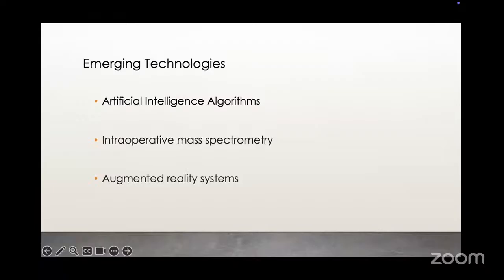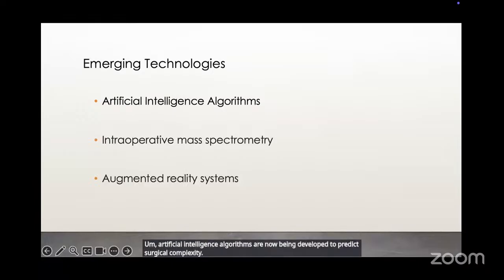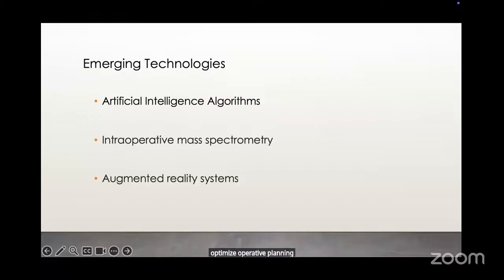Now, we are in the advent of AI, and AI has been added to the modalities for surgical management. Artificial intelligence algorithms are now being developed to predict surgical complexity, optimize operative planning, and forecast post-operative outcomes based on preoperative variables.